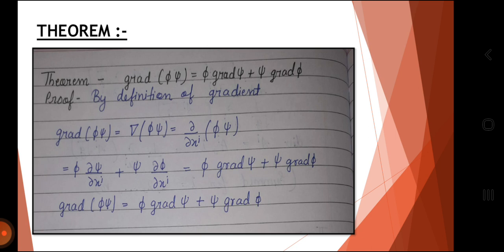Since del phi upon del xi can be written as grad phi and del psi upon del xi can be written as grad psi, substituting in the equation we get phi grad psi plus psi grad phi. So we can say that grad of phi psi equals phi grad psi plus psi grad phi.